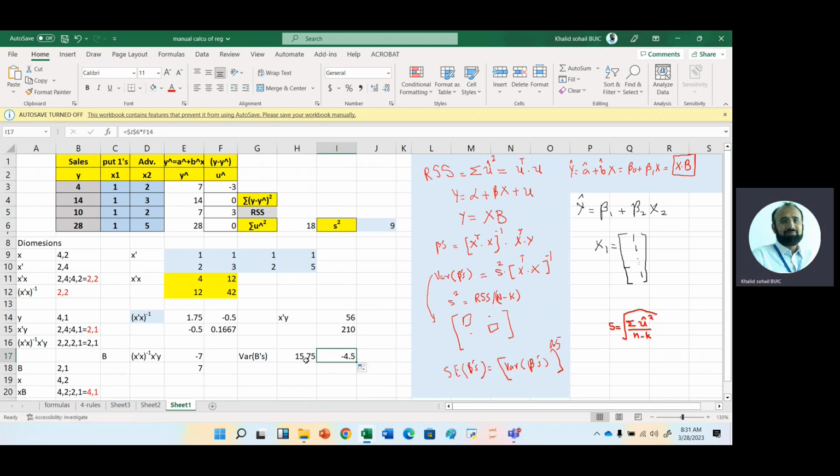So the diagonal of this matrix, I'm highlighting this one, these are basically our variances of betas.